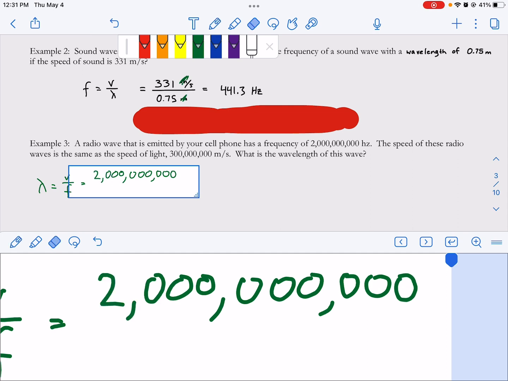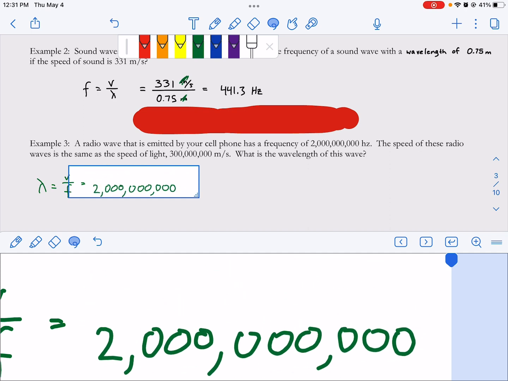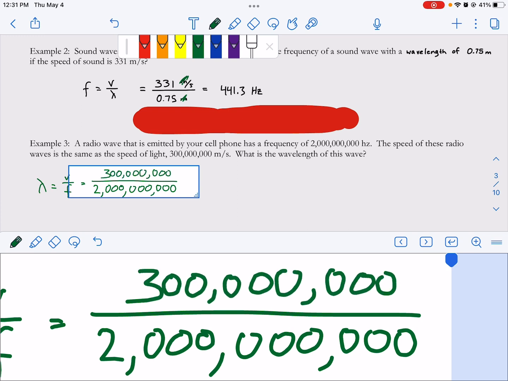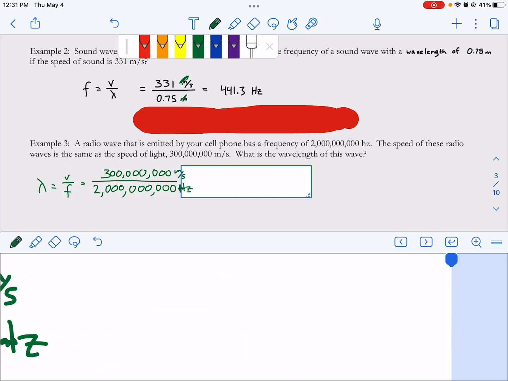The speed goes on the top: 300 million meters per second. Nope, that one's hertz. Hertz. There you go. Okay. See, I'm not perfect either, okay?